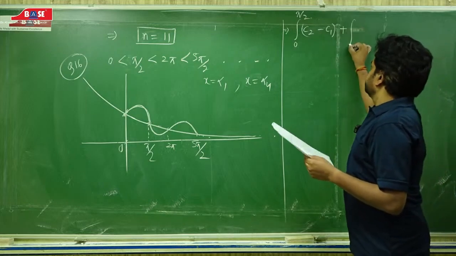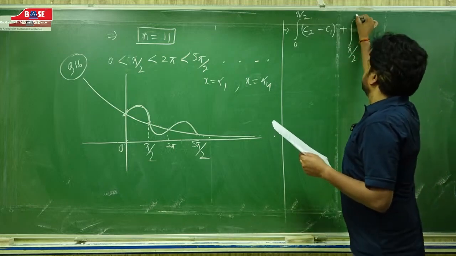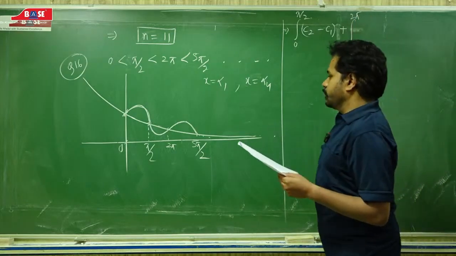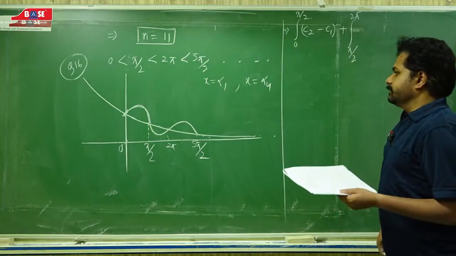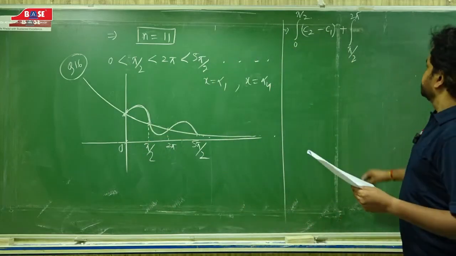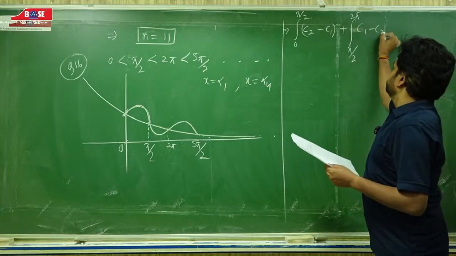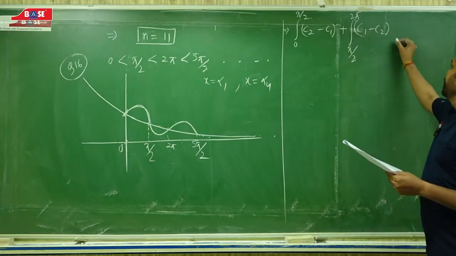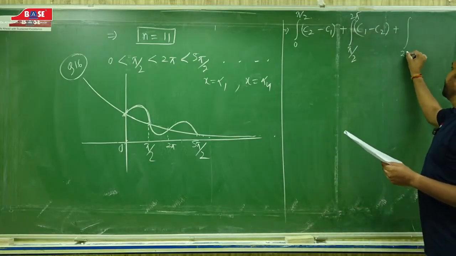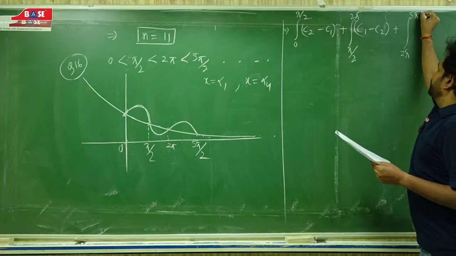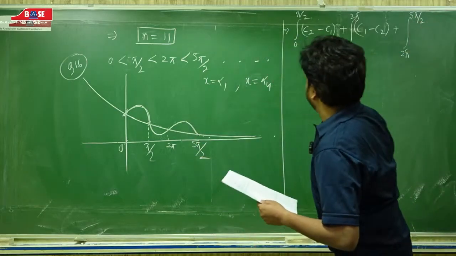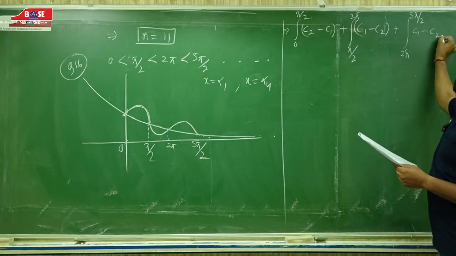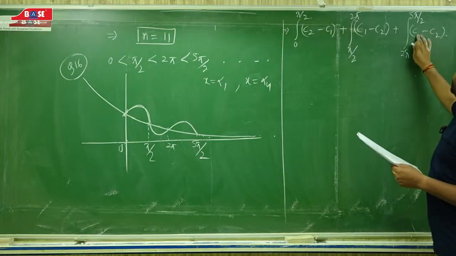Next will be pi by 2 to 2 pi. If you observe now, e power minus x is above e power minus x (sin x plus cos x), so I can write C1 minus C2. And the next will be 2 pi to 5 pi by 2. That will be again this curve, so C2 minus C1 this time.